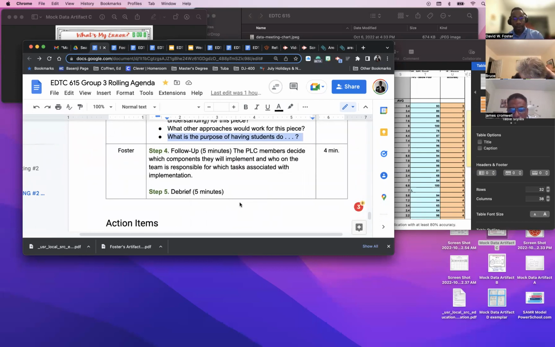So it says we're supposed to talk about who's responsible for what in this hypothetical scenario. I think Bruce should be in charge of the pre-assessment, doing a partnership rubric for the pre-assessment with at least one of us to back him up, or each of us, because we're using multiple subjects.